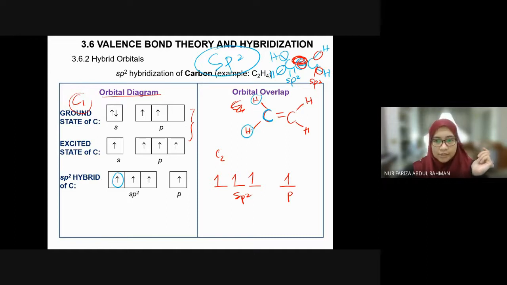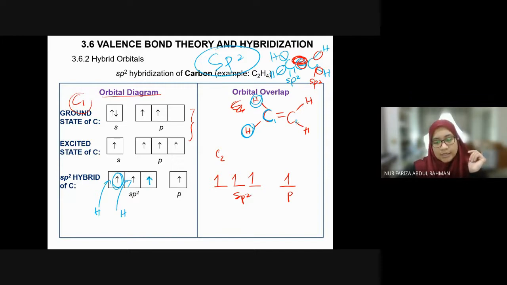So this is C1, C2. This hydrogen will form bond with this electron. We'll share the electron with the electron from the hybrid orbital of C1 in this case. And then we have another hydrogen coming in, forming another bond to this one, settle. So we have 2 already. So how about this one?